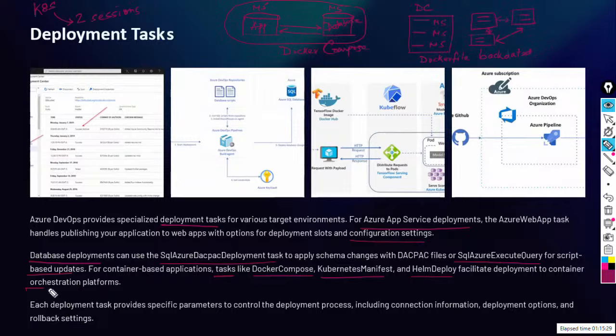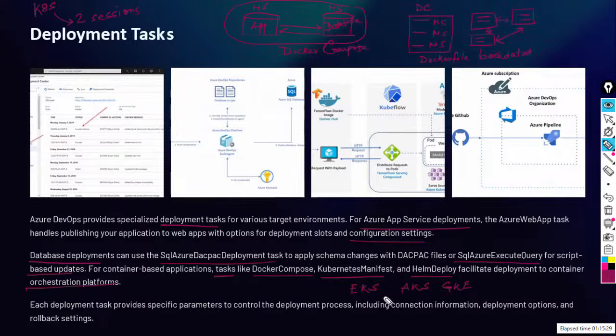Those are orchestration platforms like Kubernetes. You deploy it over Kubernetes, whether that can be Azure Kubernetes Services or AWS Kubernetes Services. AWS Kubernetes Services is EKS, whereas Azure Kubernetes Services is AKS. For Google platform, it will be GKE.